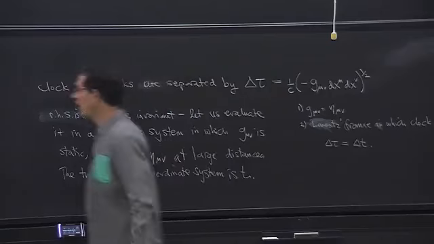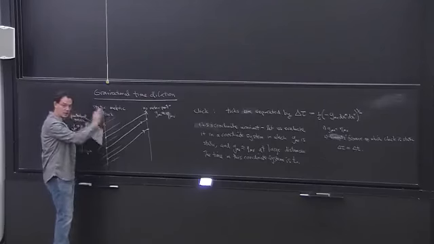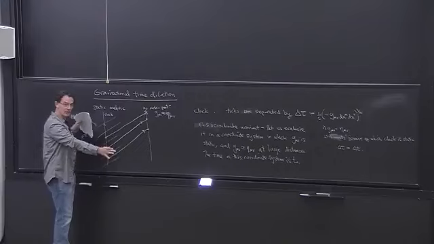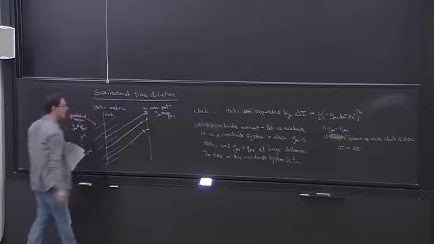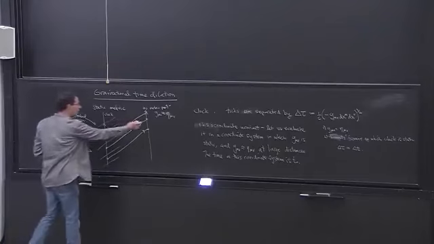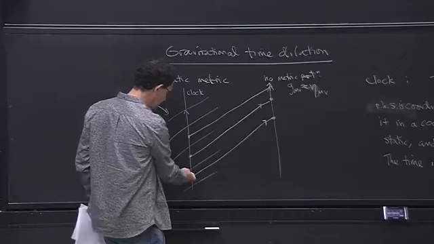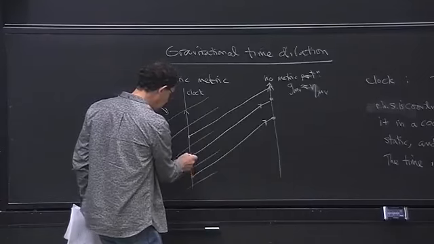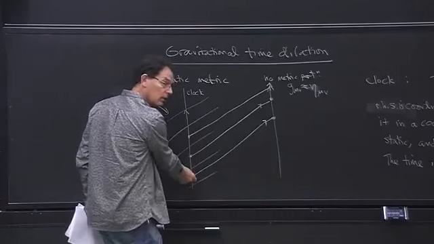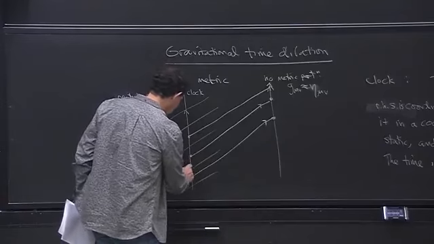Now you see, in that coordinate system, I want to know how far apart. So I picked this coordinate system. It's valid for all of space, okay, but it was defined by its properties out here. In that coordinate system, since the metric is static, it must be that the time separation between the ticks of the clock in that coordinate system will be delta t.